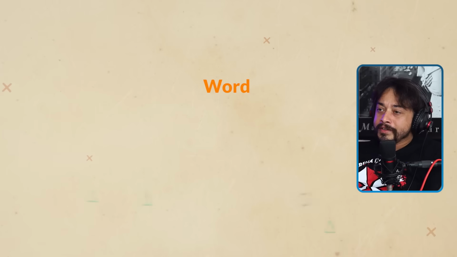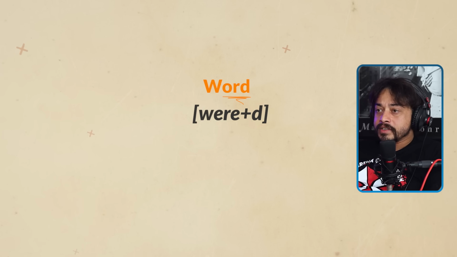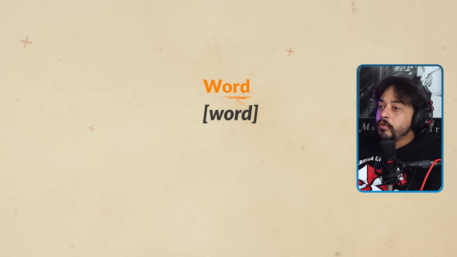The way I explain this difference to my students is usually by breaking it down as much as I can. So I start with the word, which is, let's say, the beginning there. So let's just focus on the R. So were, and then the D, word. Now, if you want to talk about the planet, then there is the L there.